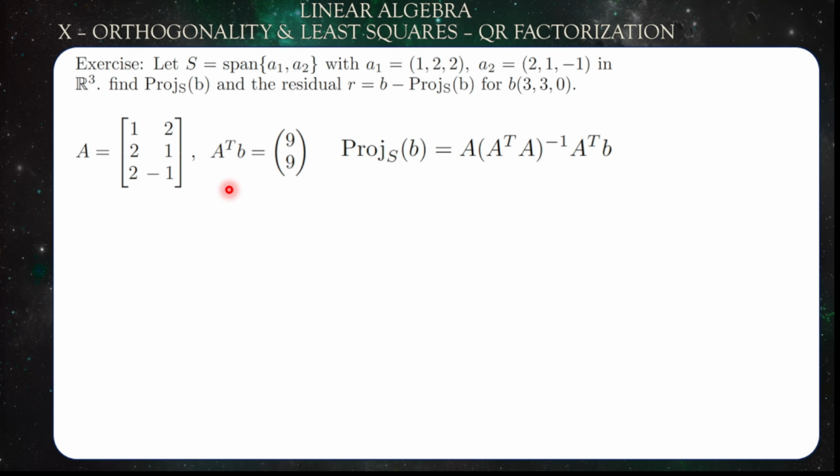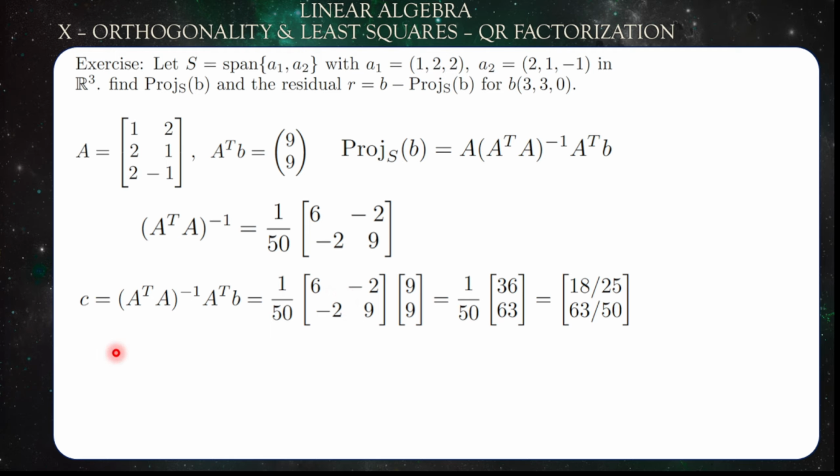All right, now we've gotten A transpose B, which is [9, 9]. We've also evaluated the inverse of the transpose of A multiplied by A. We still need to multiply by A from behind. The inverse of A transpose A is 1 divided by 50 times [6, -2; -2, 9]. We obtained that result already. So C is equal to the inverse of A transpose A times A transpose B, that is without the A from behind.